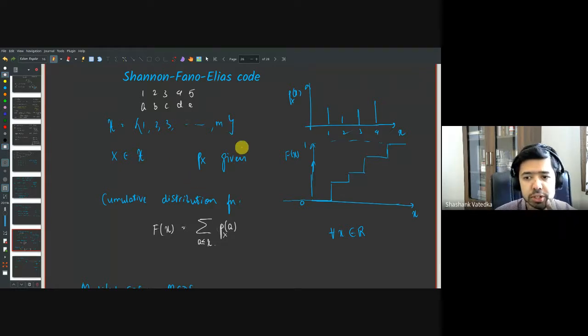Okay, and corresponding to this, we have a probability mass function. So we know the probability of 1 occurring, probability of 2 occurring, and so on, all the way up to probability of m occurring. And corresponding to this, we can compute the cumulative distribution function, which I call F of x. This is the probability that the random variable X takes any value less than or equal to small x.